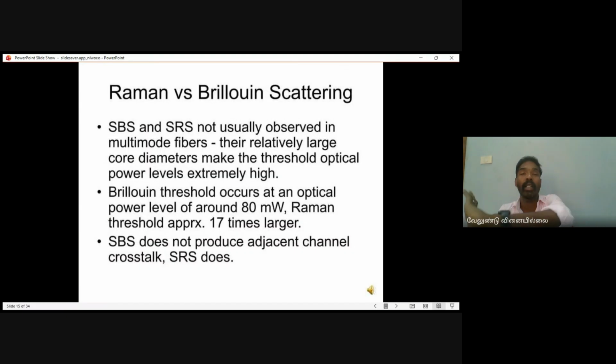Raman versus Brillouin scattering. What is the difference between Raman and Brillouin? SBS and SRS are not usually observed in multi-mode fibers. The Brillouin threshold occurs at an optical power level around 80 milliwatts. The Raman threshold occurs at what? 17 times larger. The Raman effect is 80 milliwatts, meaning 80 into 17.